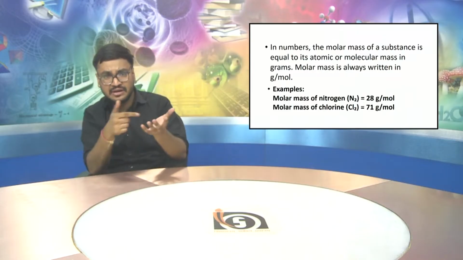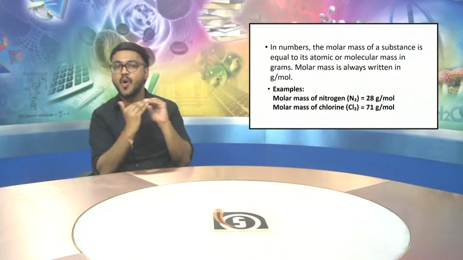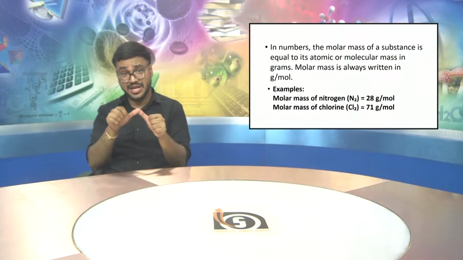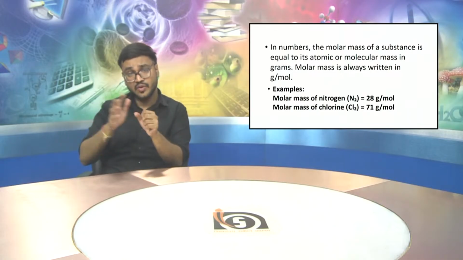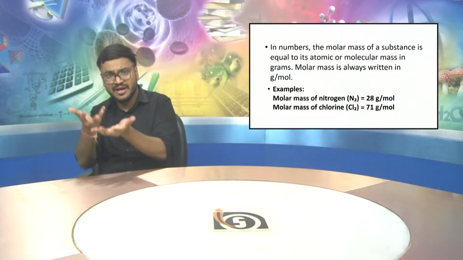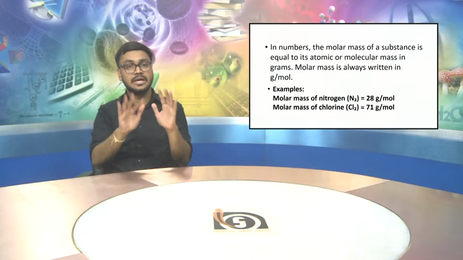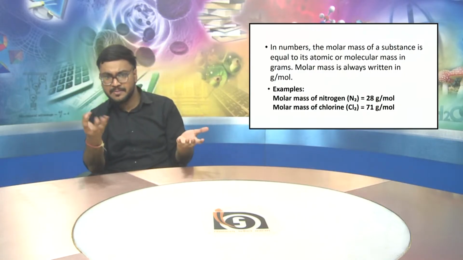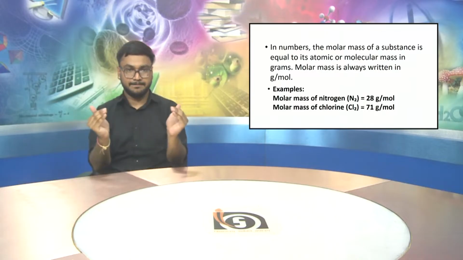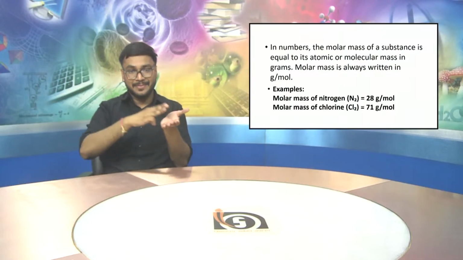In numbers, the molar mass of a substance is equal to its atomic or molecular mass in grams. Molar mass is always written in gram per mole.